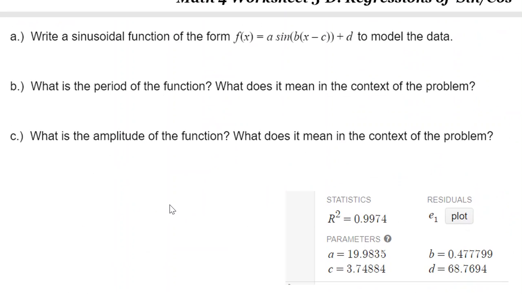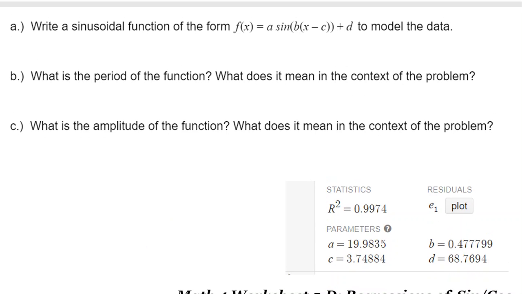Now, let's see, they asked you to write the sinusoidal function for this. So we're going to take this same box, and we're going to say y, whoops, I got to turn my pen on. y equals 19.98, you might as well call it 20, sine.